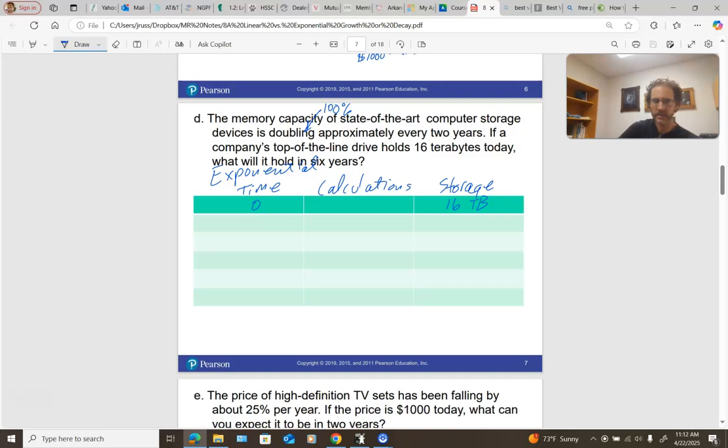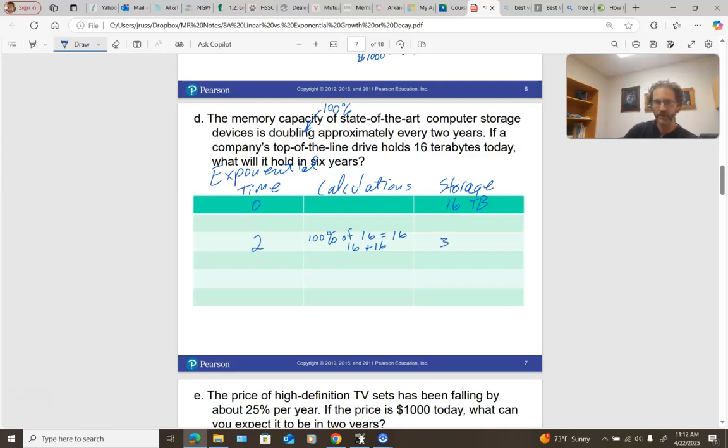And after that next 2-year period, and you could skip one of these if you want, but over that first 2-year period, the storage capacity is going to double. So, in other words, you would say, okay, well, what's 100% of 16? Well, that's 16. Okay. And so if the initial is 16 and it increases by 100%, that's another 16.